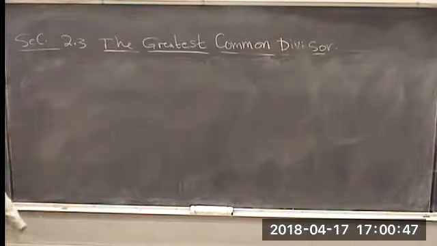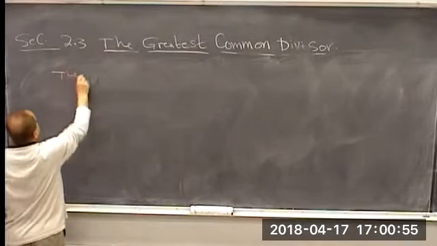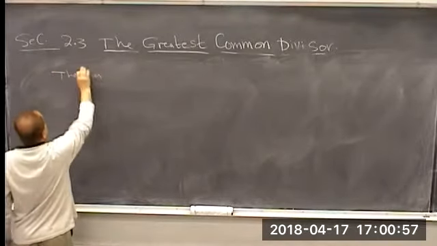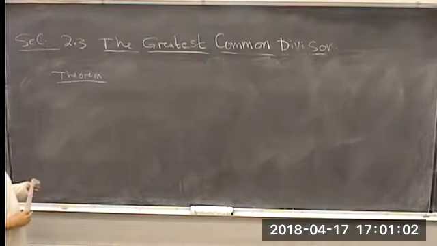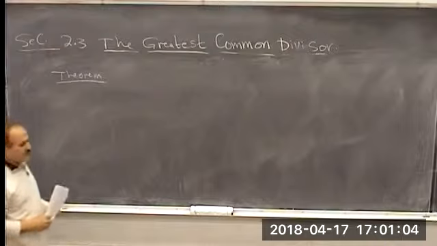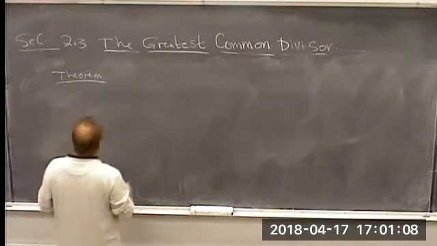Well, here's this important property, and it reads like this. Thus, we're going to use it in developing the Euclidean algorithm to calculate the greatest common divisor between two integers, and it goes like this.